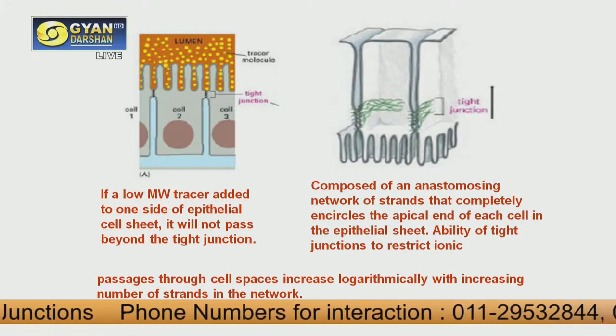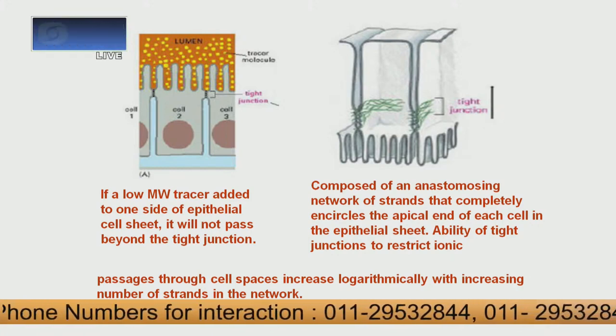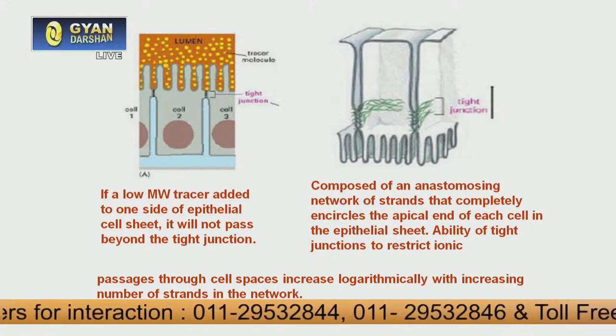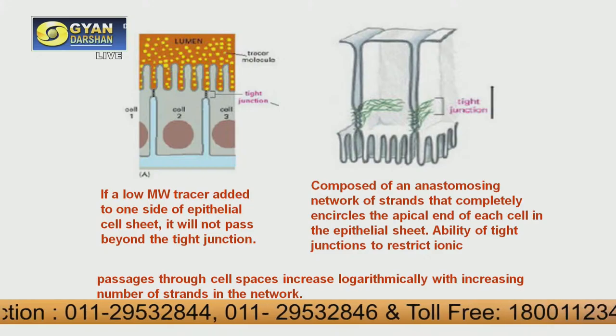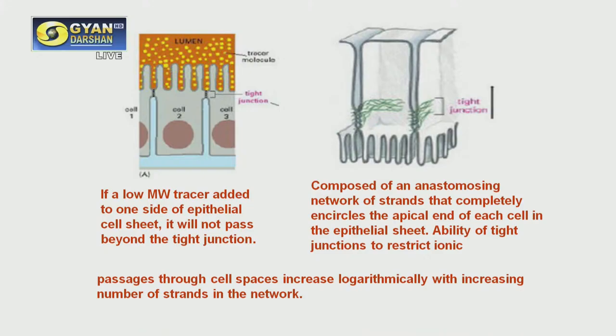Now, in this particular figure on the right hand side, it shows what these tight junctions are actually made up of. The tight junctions are made up of a huge anastomosing network of strands.